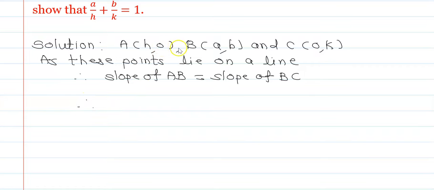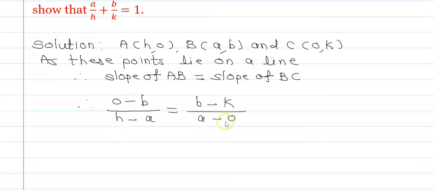Now the slope of AB is (b minus 0) upon (a minus h). And the slope of BC, the difference of y coordinates, is (b minus k) upon (a minus 0).